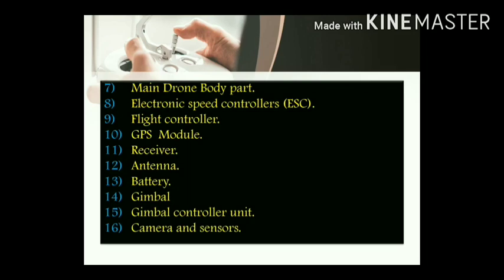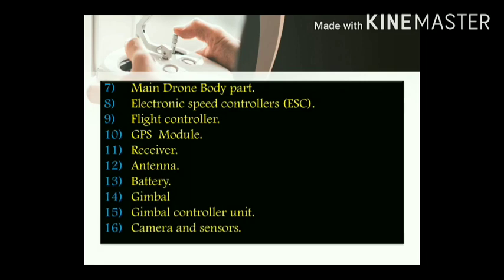An electronic speed controller is an electronic circuit with the purpose to vary an electric motor's speed and direction, and possibly also to act as a dynamic brake. Next, ninth one is the flight controller. The flight controller interprets input from receivers, GPS module, battery monitor, IMU, and other onboard sensors.